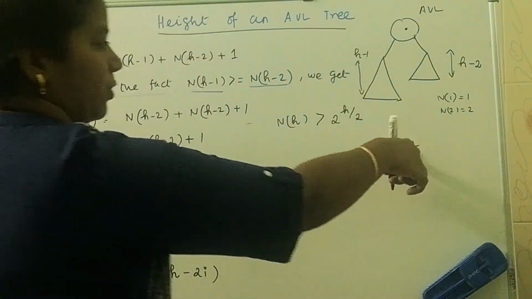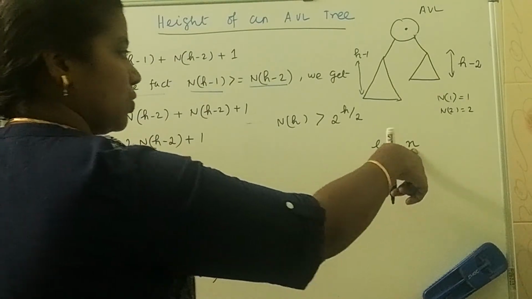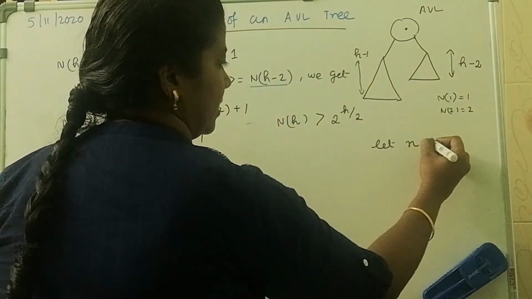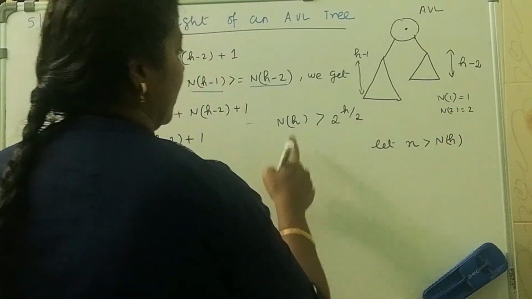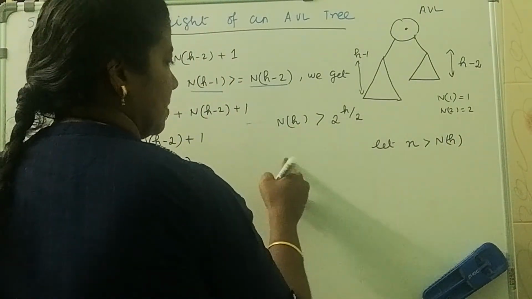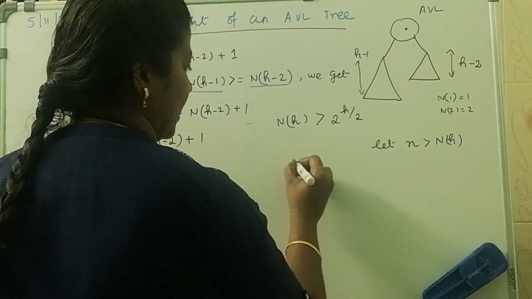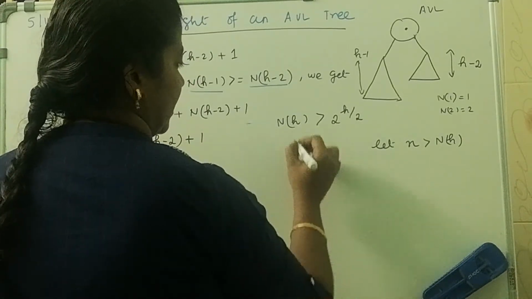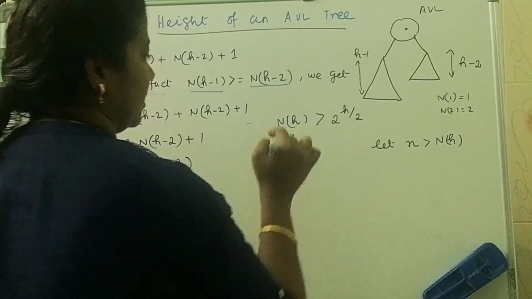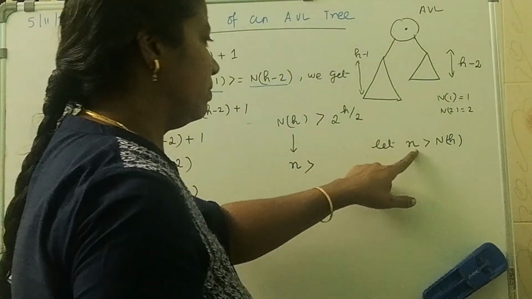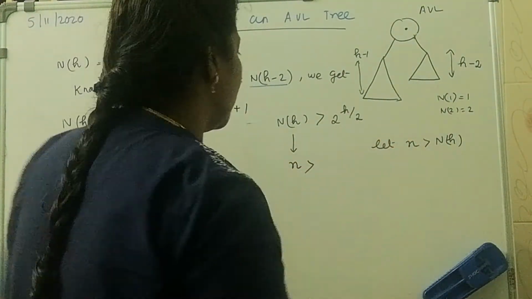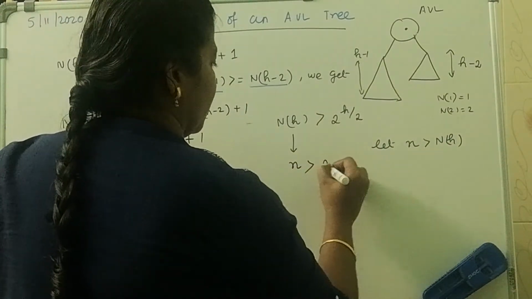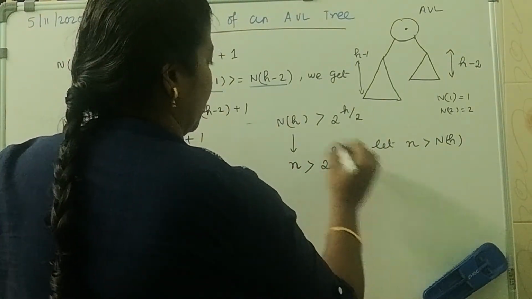The maximum number of nodes that is possible in an AVL tree is 2 to the power h, that is greater than this n of h. So we can replace this by the maximum number of nodes. Let's say n is greater than n of h, so n is greater than 2 to the power h by 2.